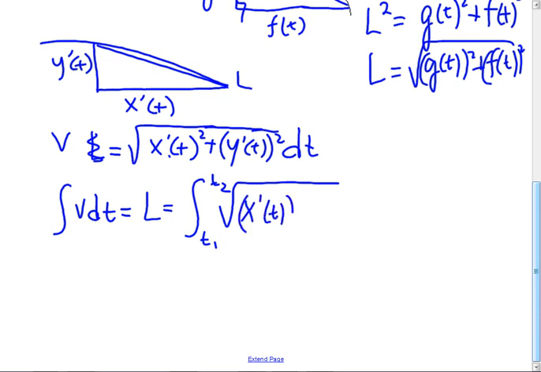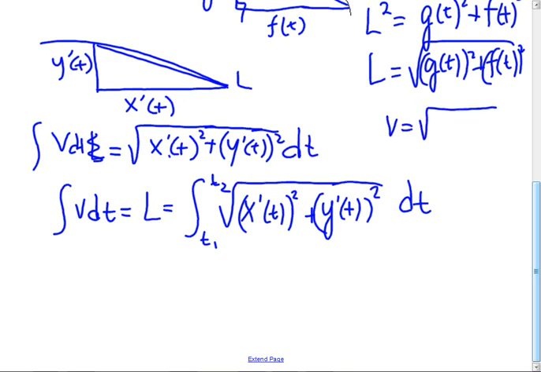When they want the speed, this gives you the speed. I want the length of the arc. This is the velocity. Sorry, I should have a dt here.